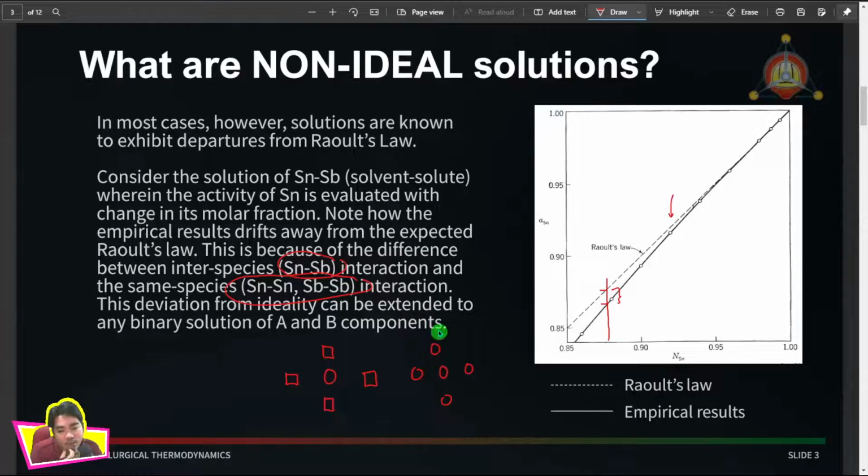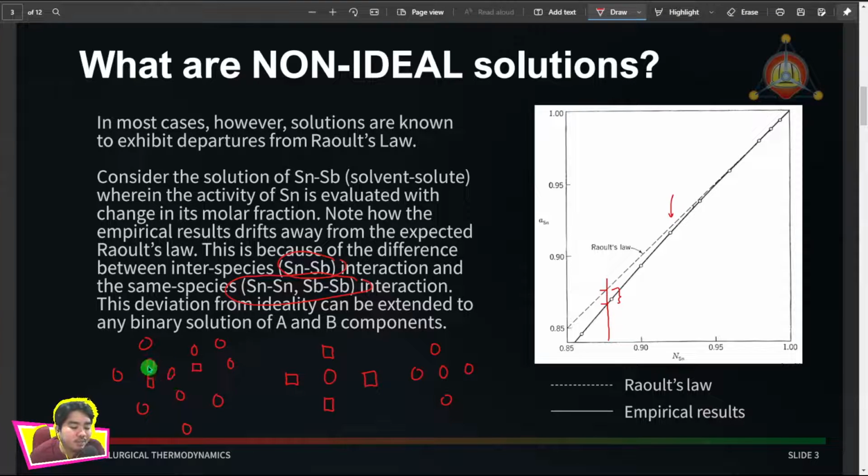But we find out that this interaction is not the same. So for example, if antimony is our solute, there is more tin surrounding it. Because if you're a solute, then you are present in minor amounts as compared to the host atom.